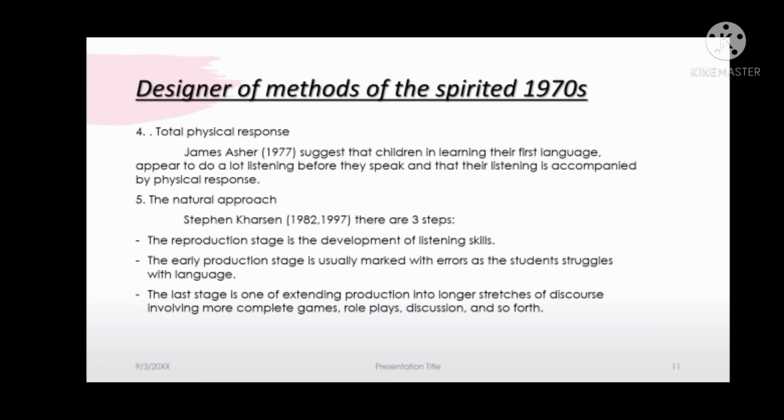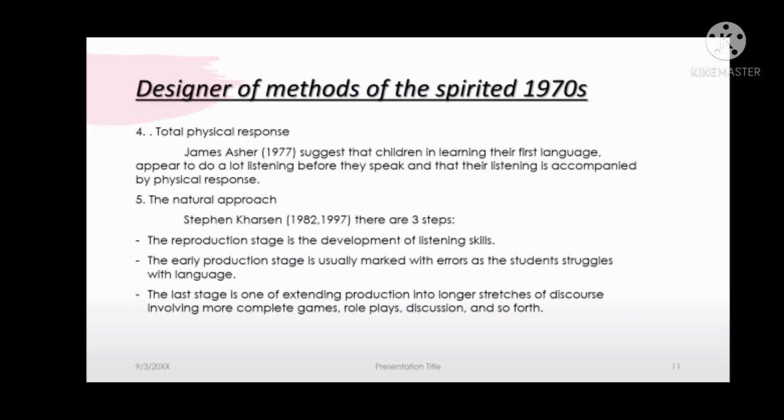And the last one is the natural approach. Stephen Krashen in 1982 and 1997. There are three steps in the natural approach.